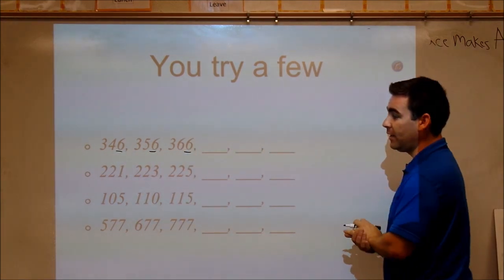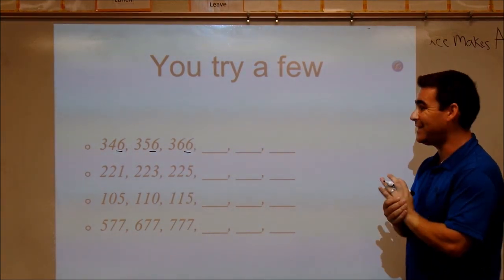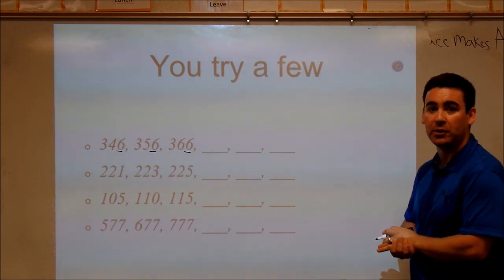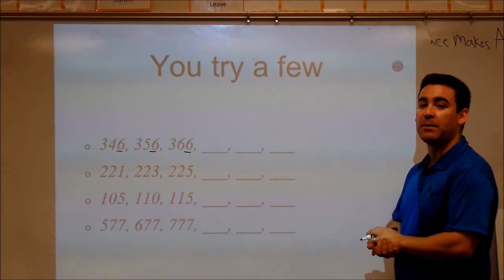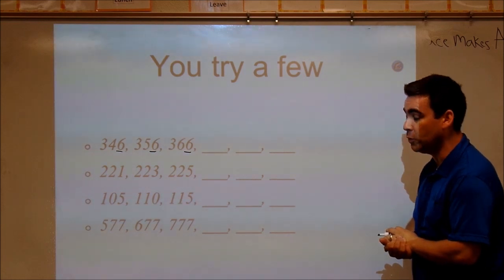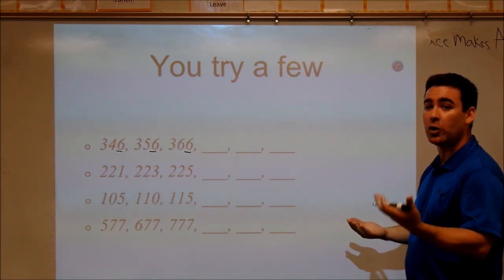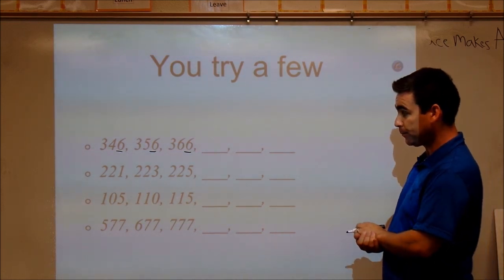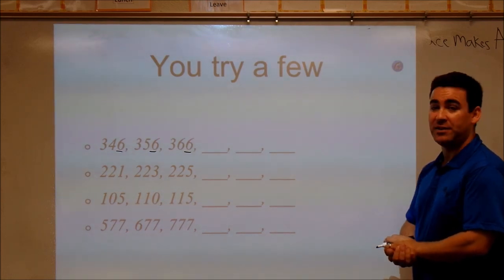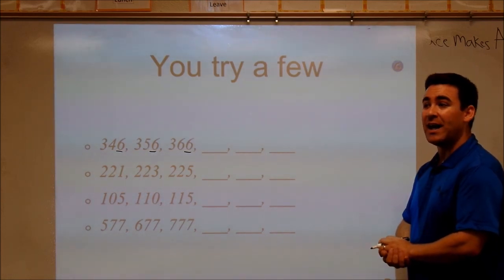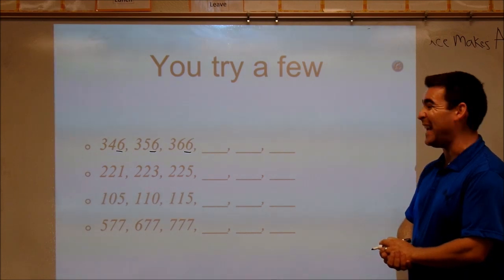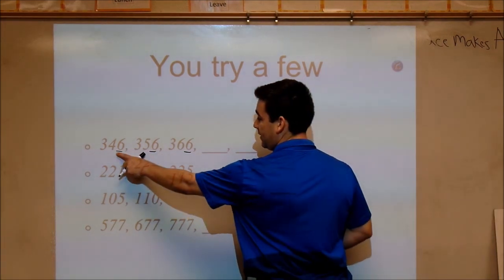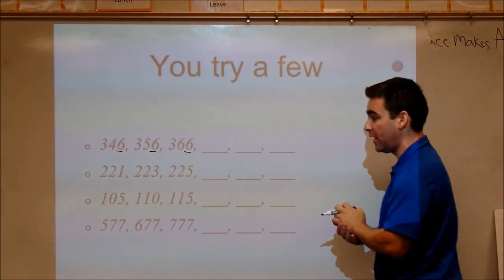What I'm realizing is that the number in the ones place has stayed the same every single time. What that tells me is that my number is not counting by twos because it is not increasing or changing at all. Then I can look again at that number in the ones place. I know that it is not following an A-B pattern. It's actually 6, and then a 6, and then another 6.